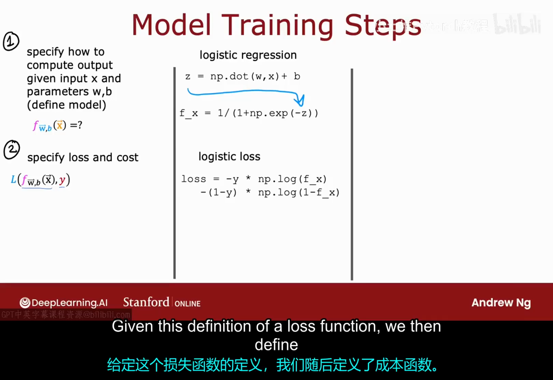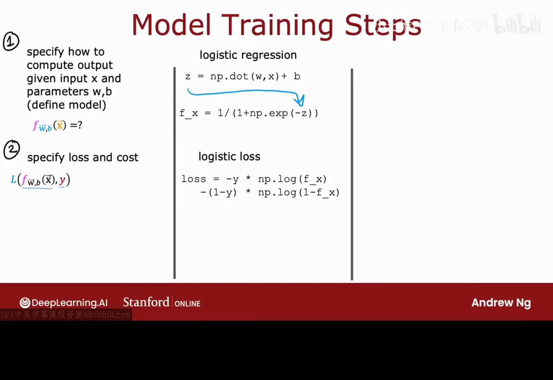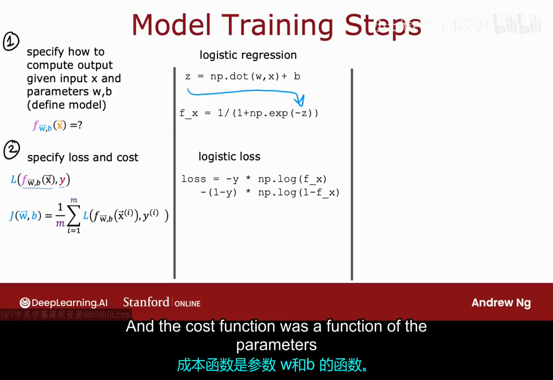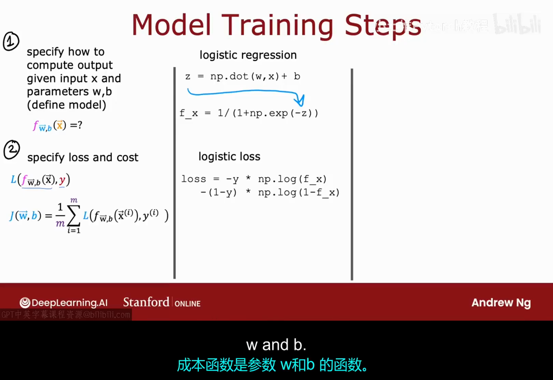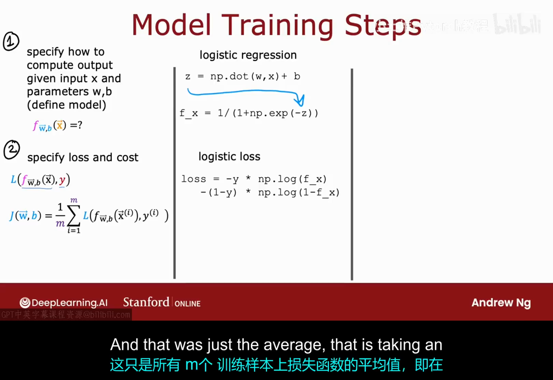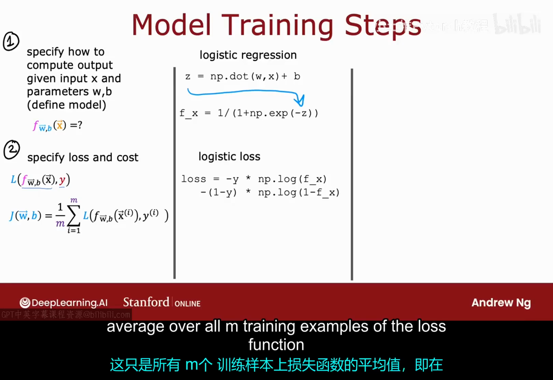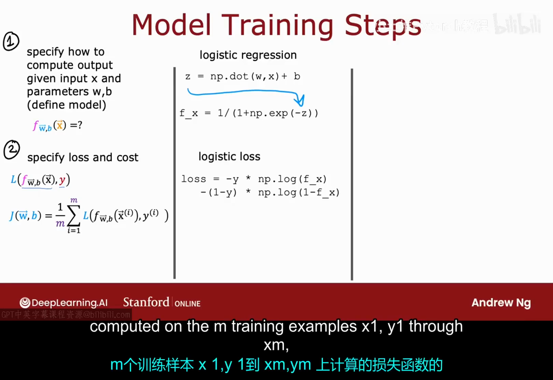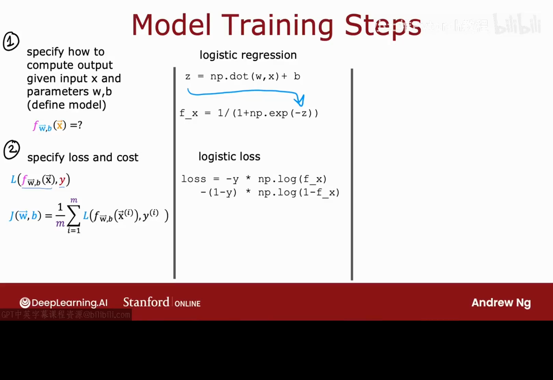Given this definition of a loss function, we then define the cost function, and the cost function was a function of the parameters w and b, and that was just the average, that is, taking an average over all m training examples of the loss function computed on the m training examples x1, y1 through xm, ym.